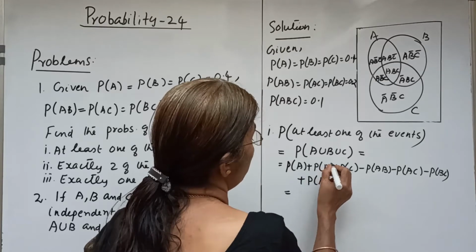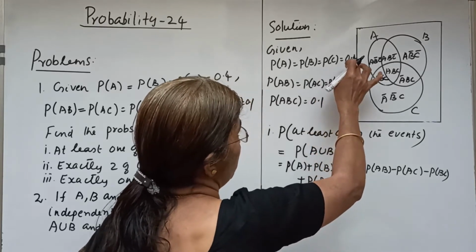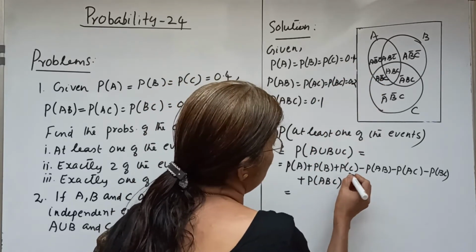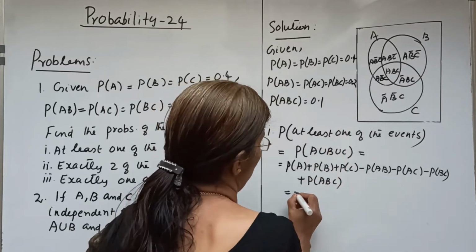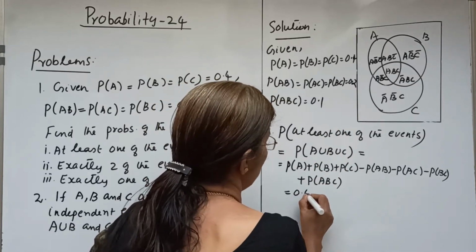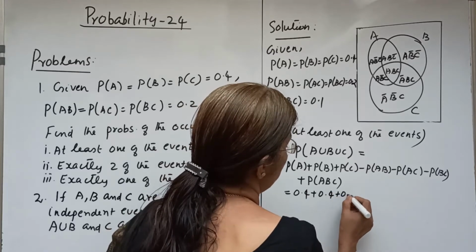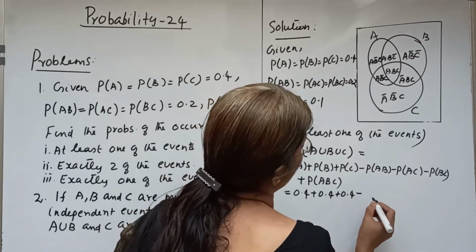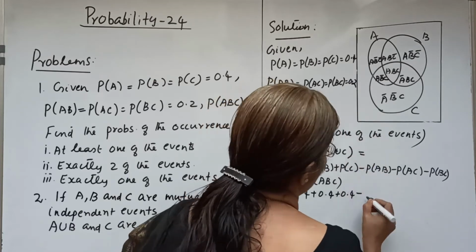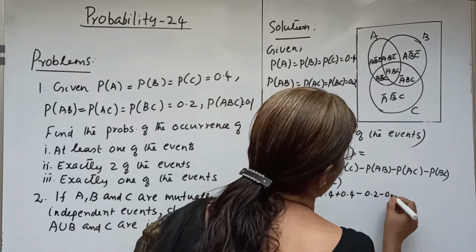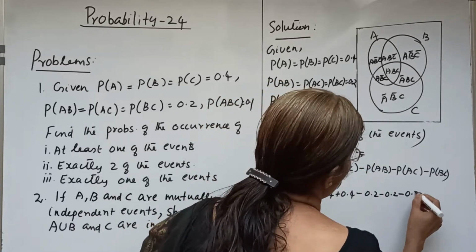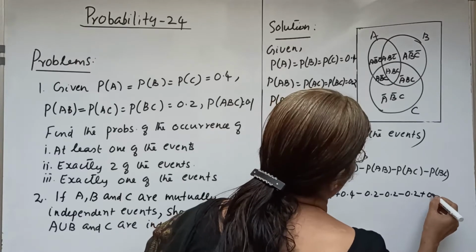So P of A equal to P of B equal to P of C, each equal to 0.4. Let us write 0.4 plus 0.4 plus 0.4 minus 0.2 minus 0.2 minus 0.2 plus 0.1.